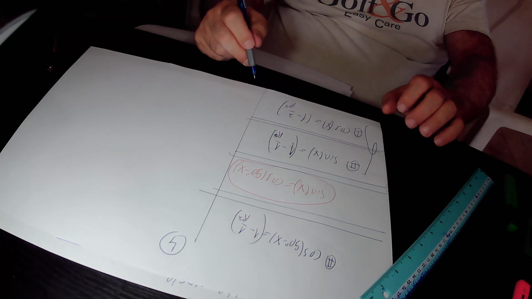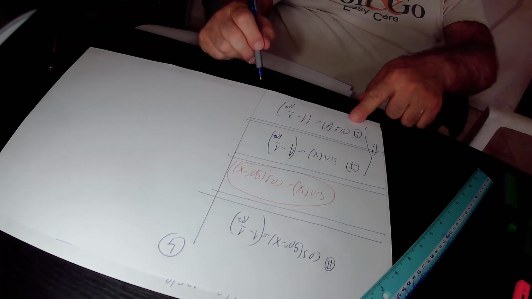So actually we have here the values of sine x and cosine x in terms of R.